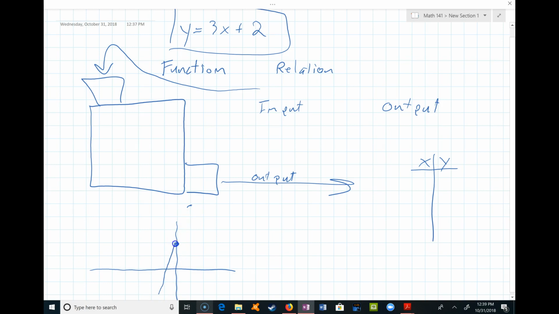So it would look something like that. And in this way, the line is representative of all the sets of points. So for example, this point right here is represented by 0, 2. This point right here is represented by 1, 5. This point right here is represented by -1, -1.